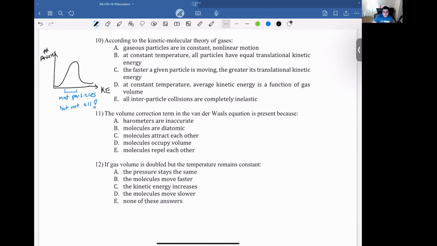So most particles are going to fall in that realm of the kinetic energy where the mean is, or the middle of the Gaussian, but not all of them. They're also not all the same.